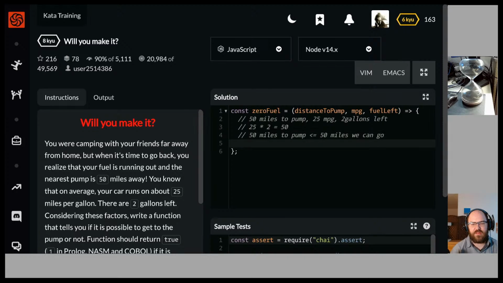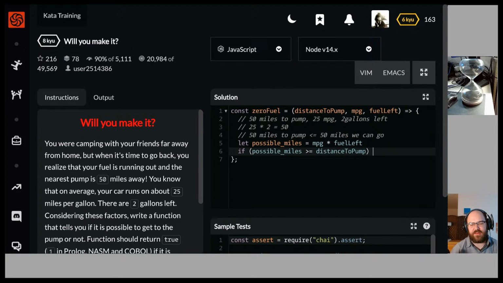So let possible miles equal mpg times fuel left, if possible miles greater than or equal to distance to pump.